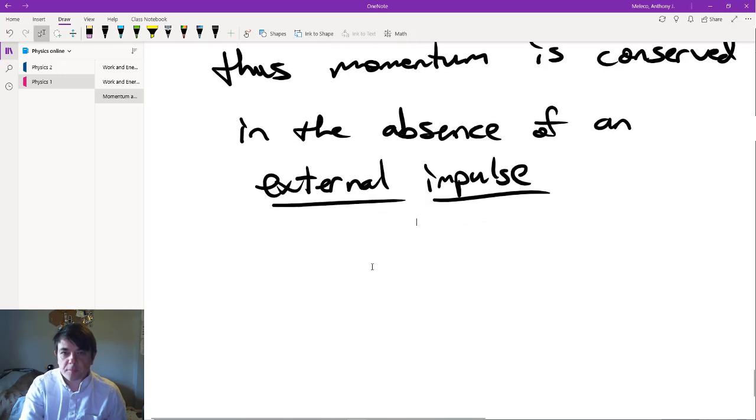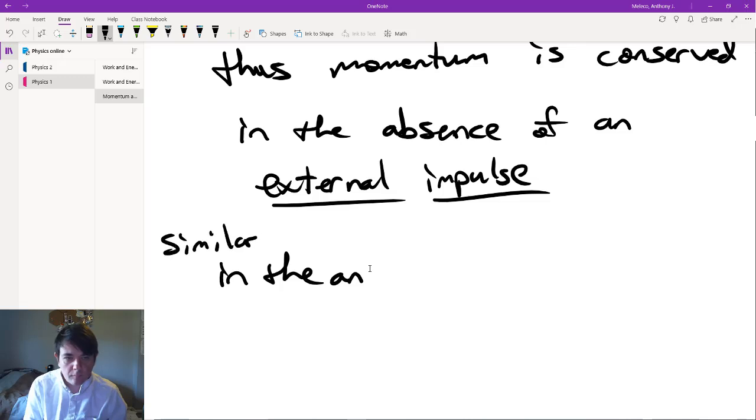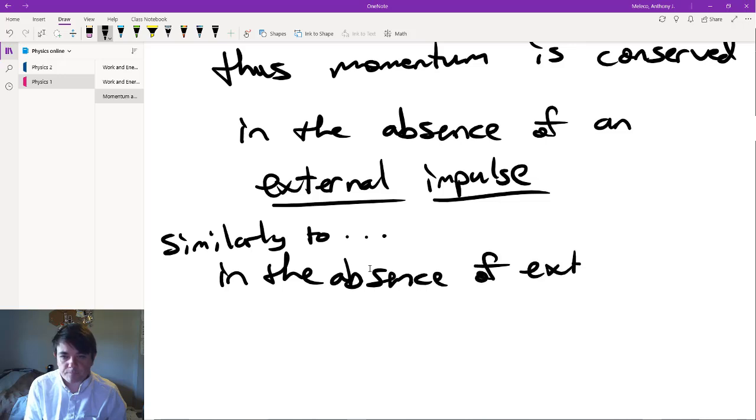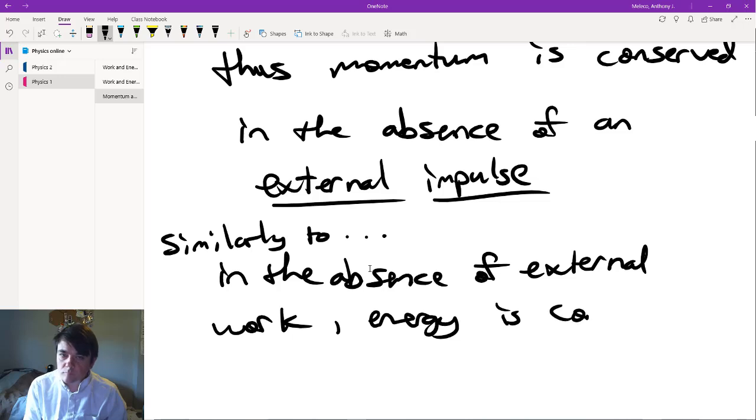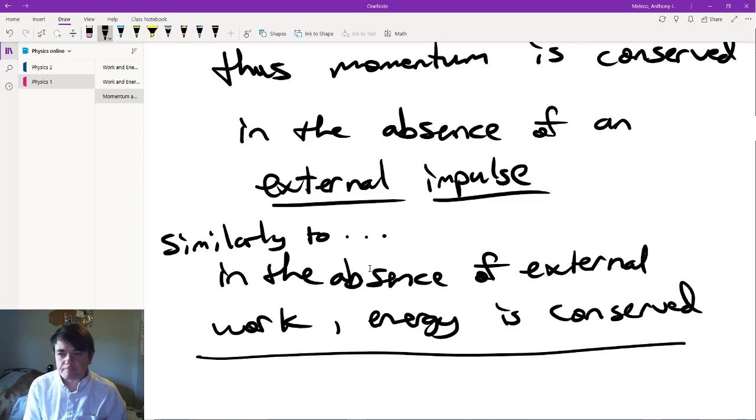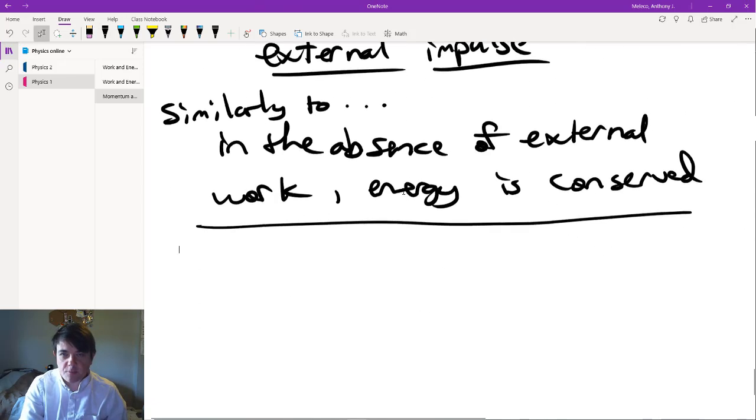And that's similar to work and energy, where you can say in the absence of external work, energy is conserved. So that's basically momentum conservation.